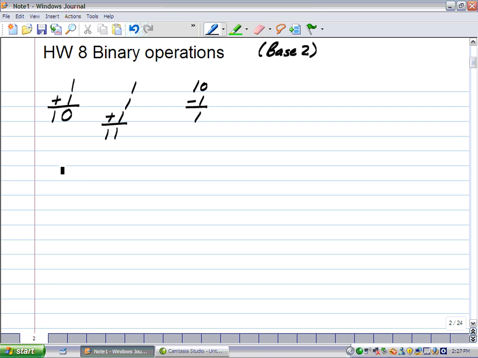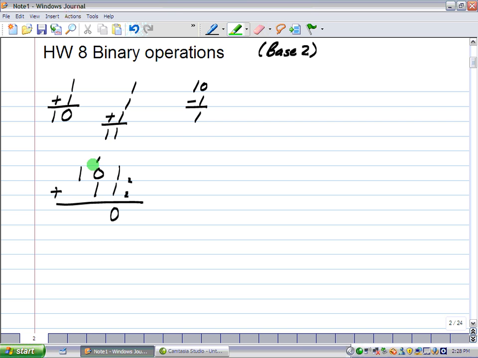Okay, so first of all, let's look at an example of adding 1, 0, 1 plus 1, 1. All this in base 2. Okay, remember, 1 plus 1 is 1, 0. So we will put the 0 down and we will carry 1.